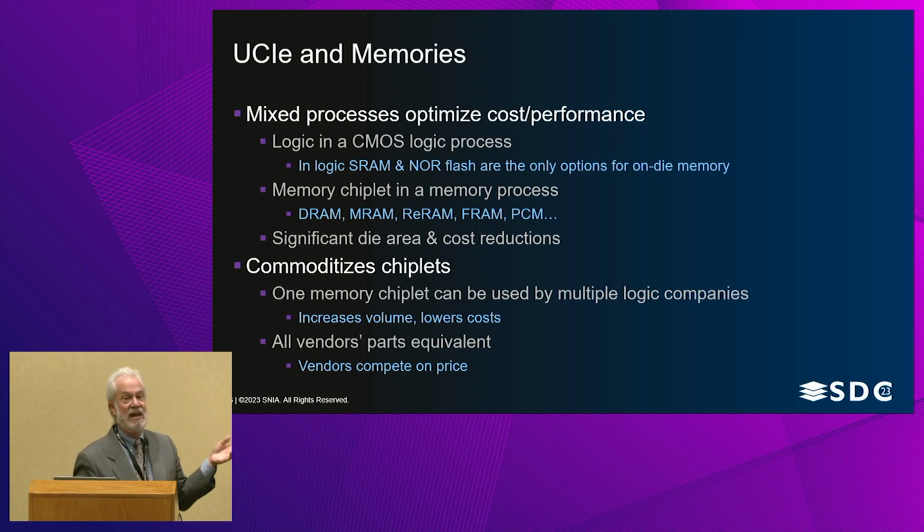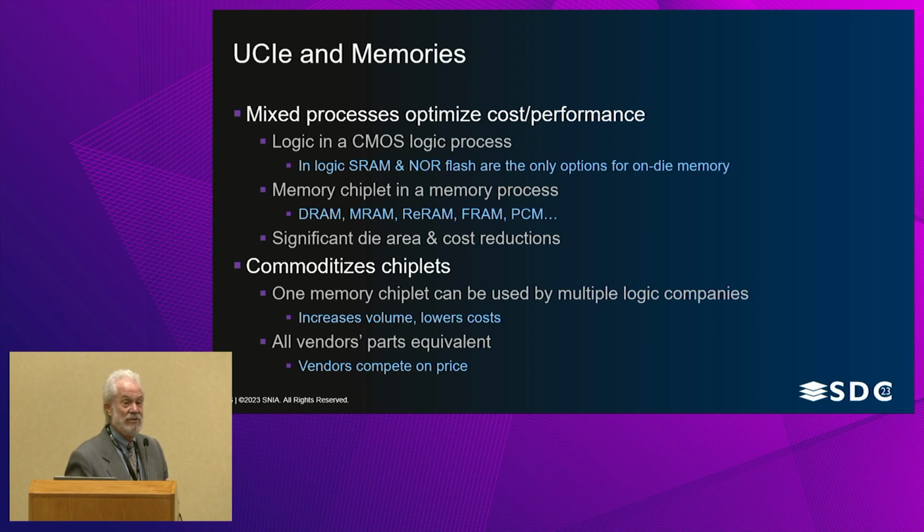And that limits designers to only using SRAM, which can be built out of logic transistors, and NOR flash, which is the only other memory that does well in a logic process. For multiple reasons, that NOR flash is going away. And for a reason I'll tell you about shortly, the SRAM is also threatened with going away.